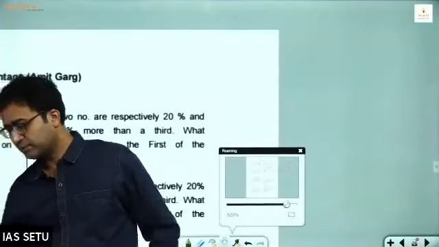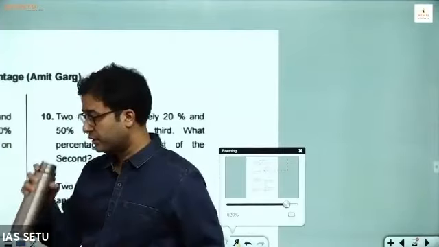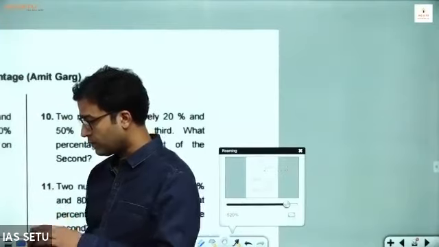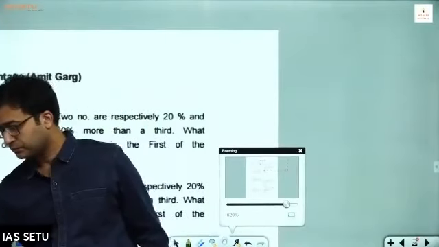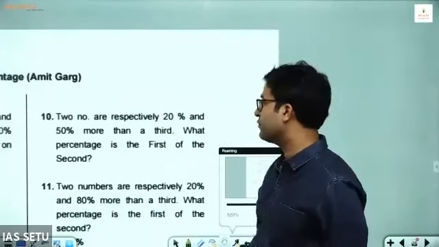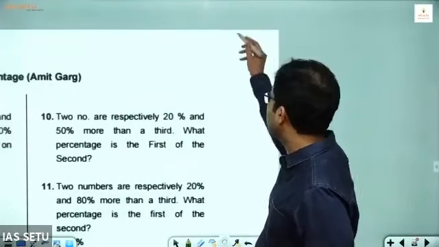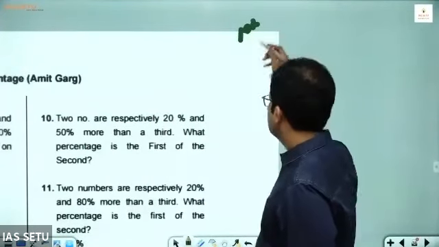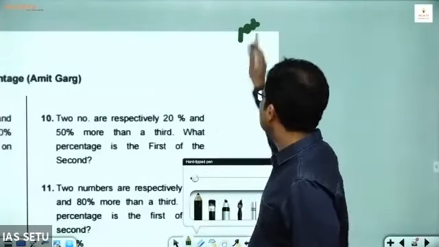देखो आपसे आंसर नहीं पूछ रहा मैं अभी से कभी. Just wait. So here it is, two numbers are respectively 20%, 50% more than a third. So we have three numbers: first number, second number, and third number.